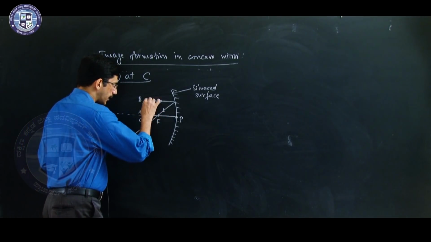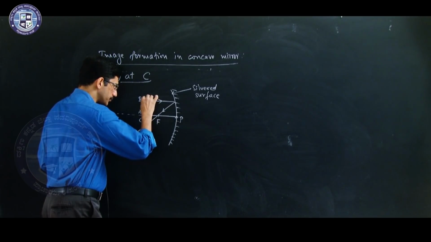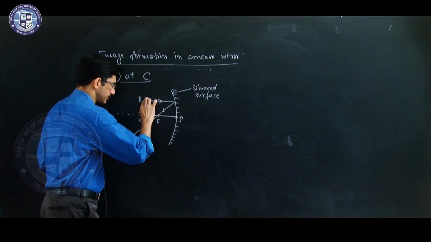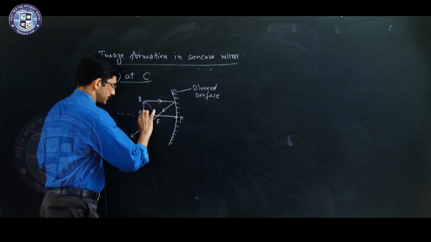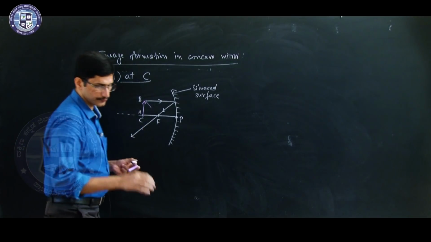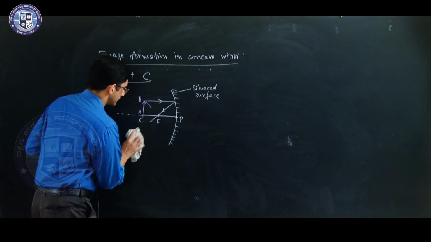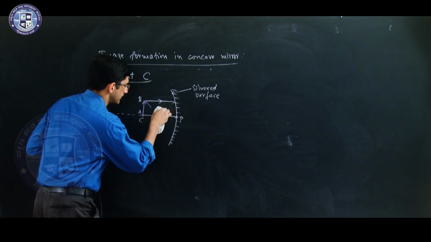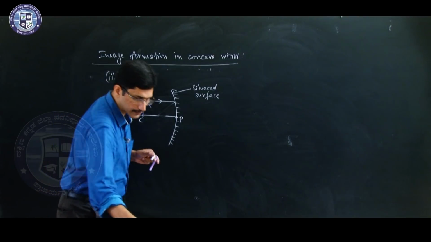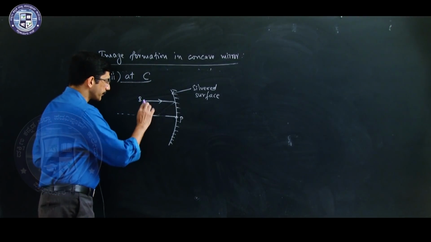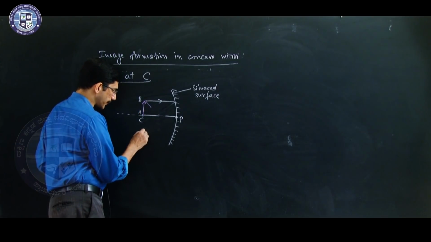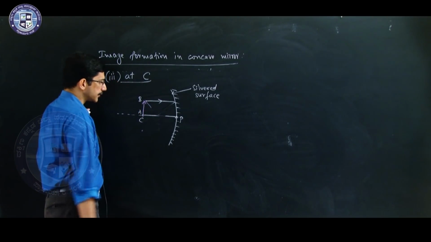So, I will consider a ray which is passing through the focus here. Whenever the object is placed at C, the height of the image and the height of the object would remain the same.